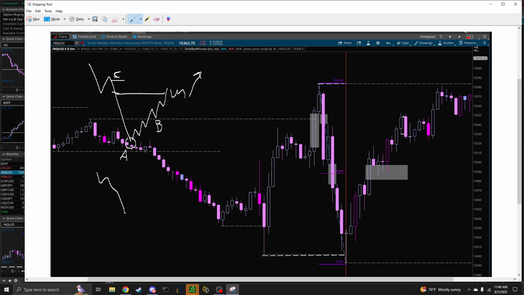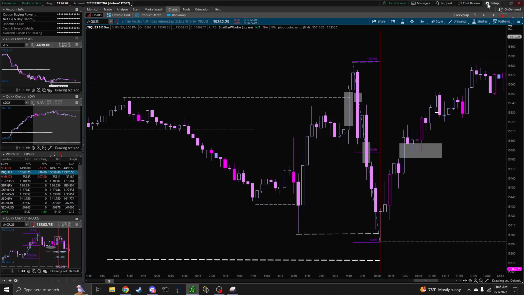But any short setup like this, I should not have taken, because it was referencing these old highs. So if you're referencing highs, the shorts should be fake. If you're referencing lows, the longs should be fake. And that's how they trap a lot of people. A lot of people get trapped like this without realizing it. Even me. I mean, I literally just told you how I did.